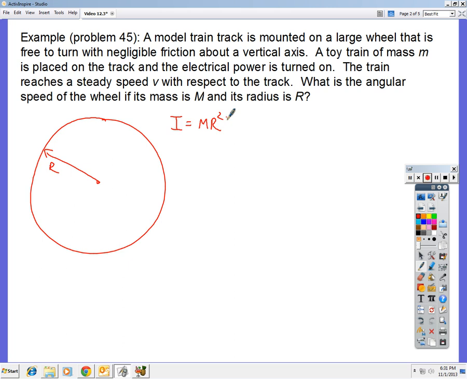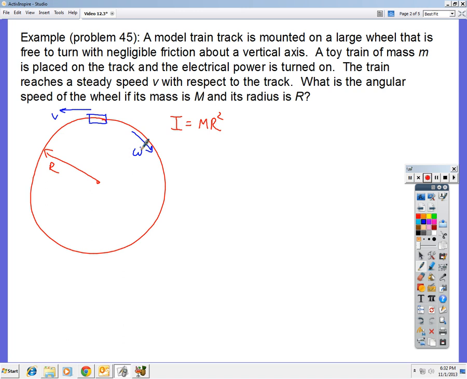And it's mounted on frictionless bearings about the center. Now there's a small train sitting on it, and that train is going to start to move and come to a speed v relative to the wheel. As a result, the wheel is going to start rotating with angular speed omega, and what we want to do is find that angular speed omega.